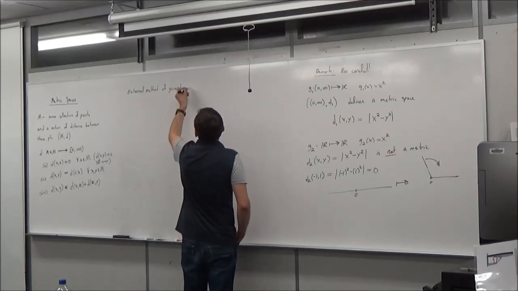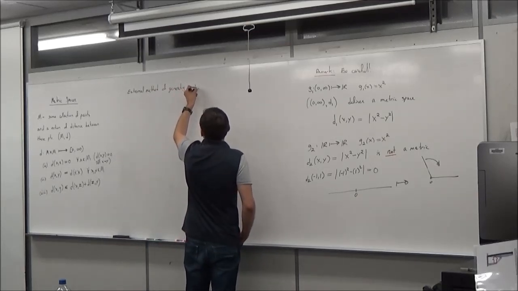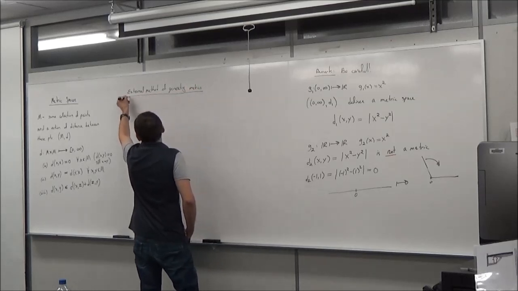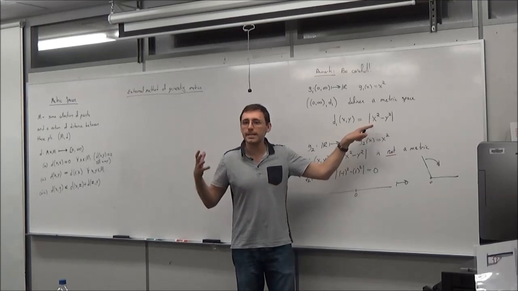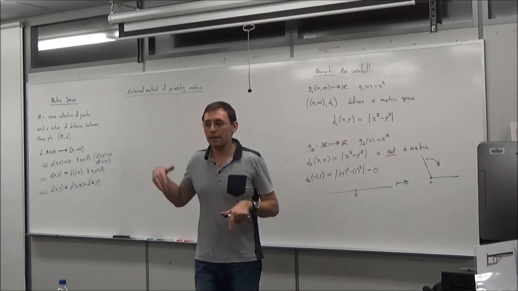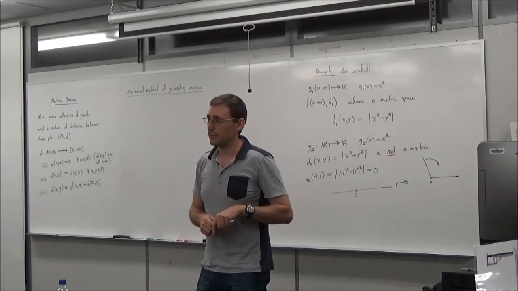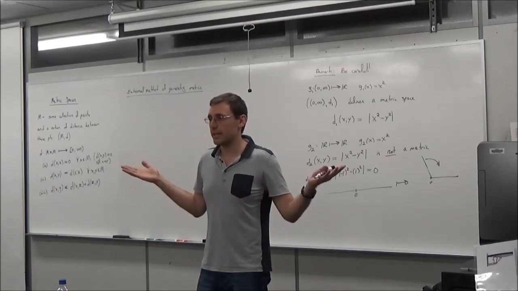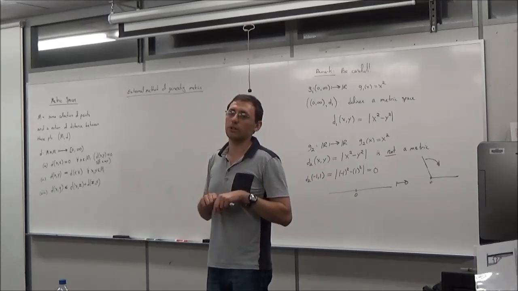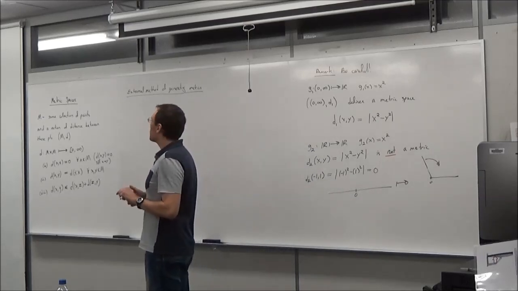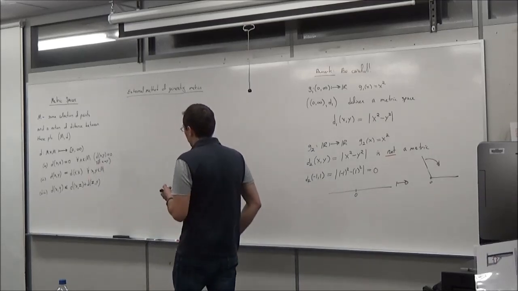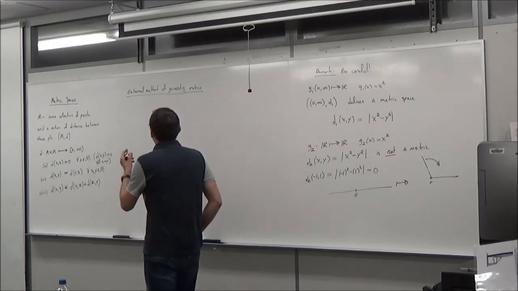Generating metrics. Again, the reason I call the previous one internal is I modify inside of the absolute value. And this one I'm going to modify outside of the absolute value. Okay? That's the only reason I call it internal. External is not at all any language used anywhere except here. Okay? So the external method of generating metrics, so we might have this.